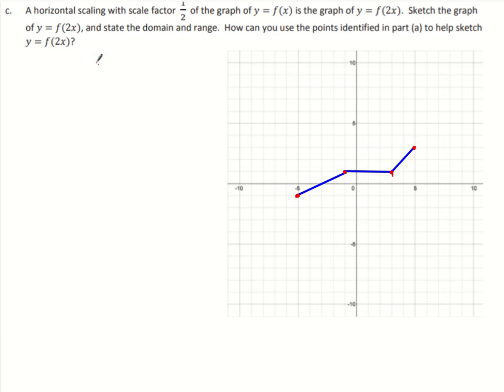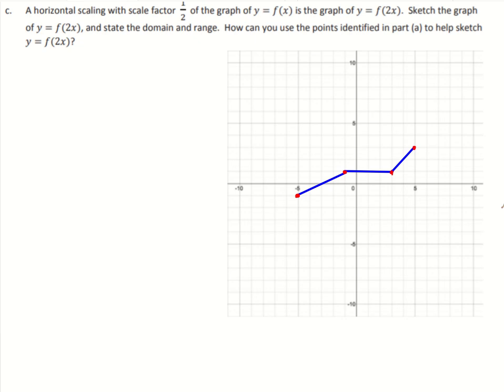It wants us to sketch the new graph and then state our domain and our range. Well, when we were doing vertical scaling, we took our y coordinate and we multiplied it by 2.